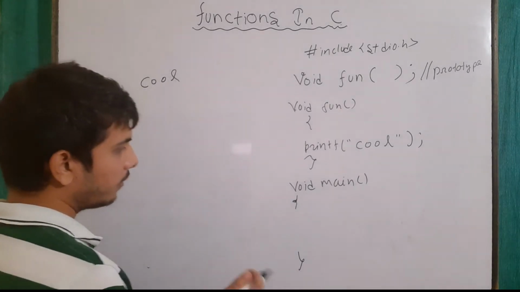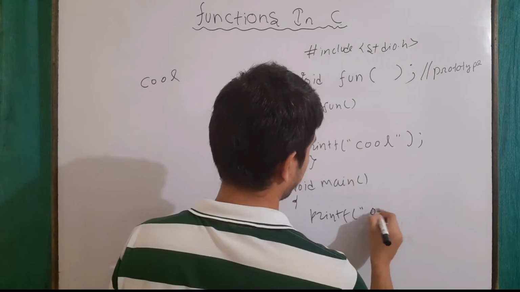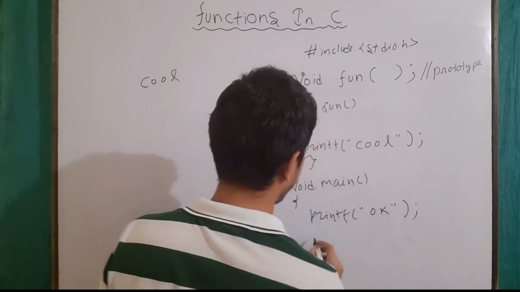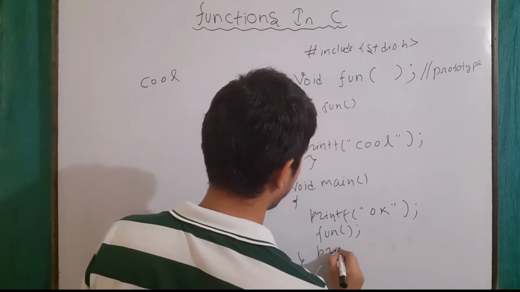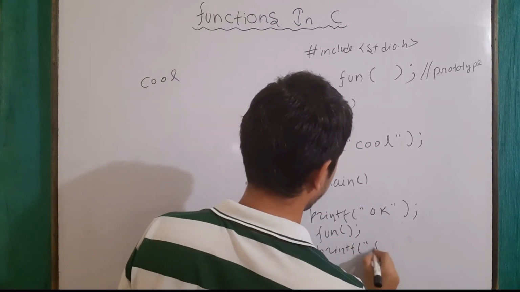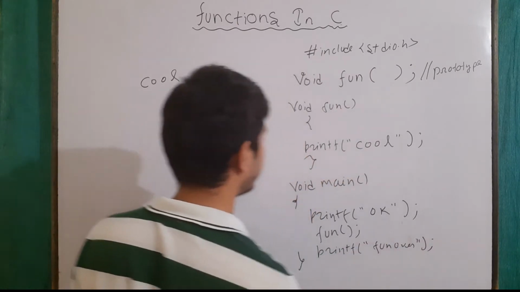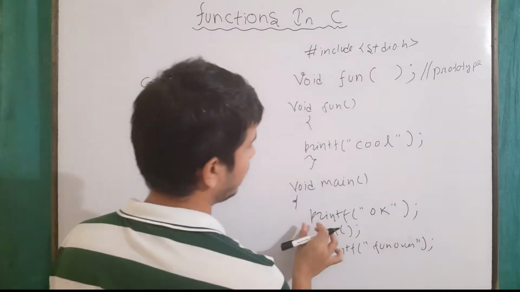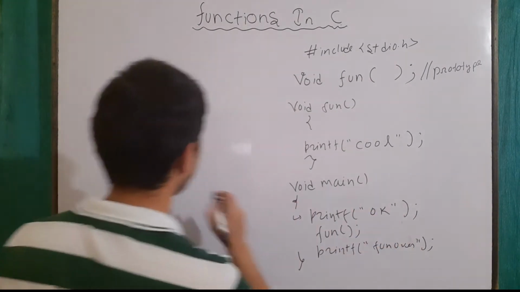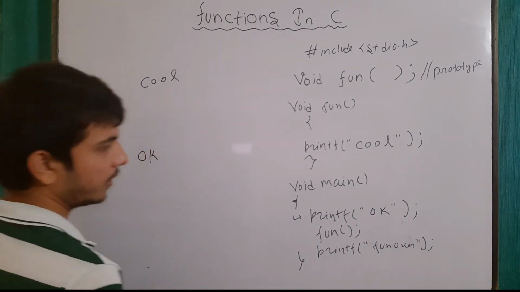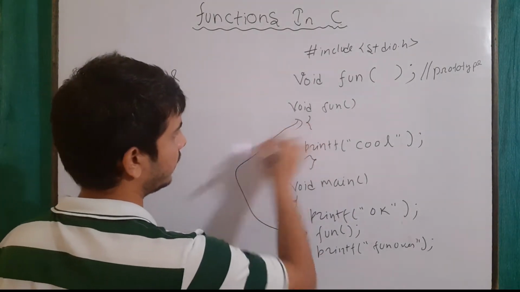Now let's say this is written: printf of "ok", then I am calling the function, and then printf of "fun over". So what will be the output here? First of all, the control will go to this line, where printf of "ok" is written, so ok will be printed. Then the function is called here, and the control will go into this line.